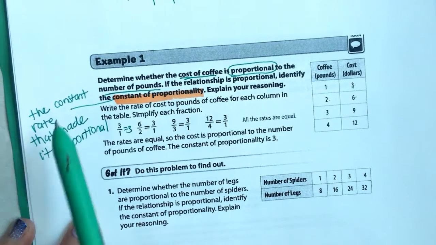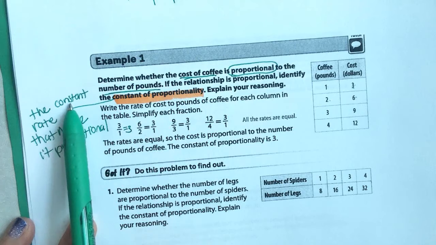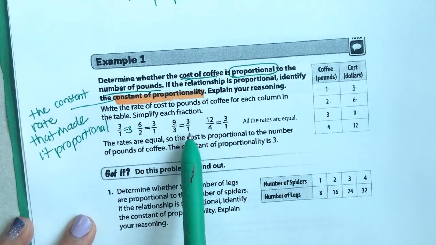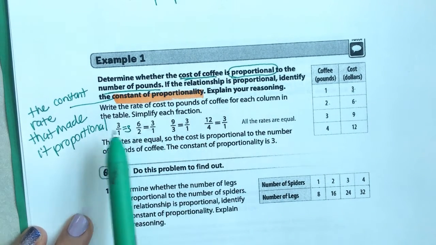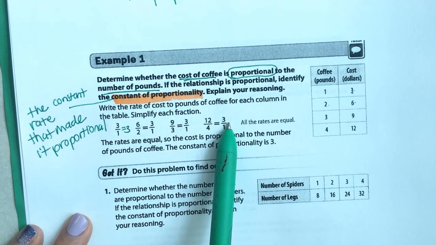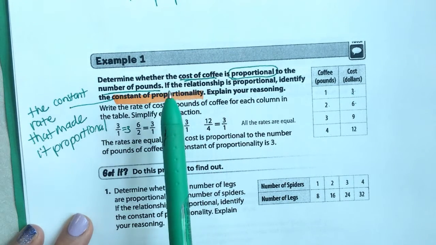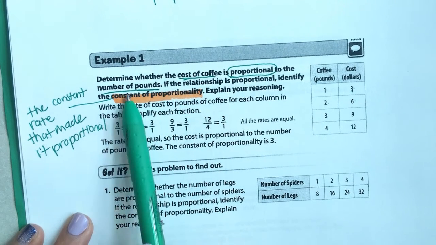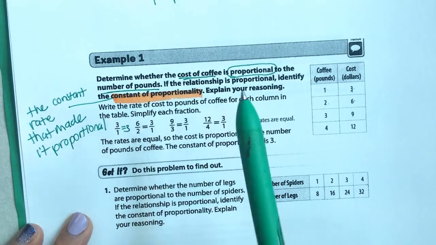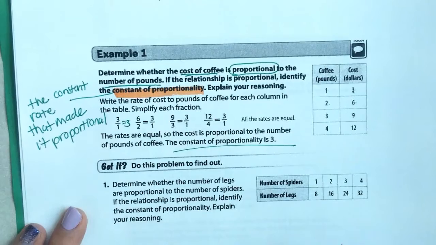And what I mean when I say constant, it's that rate that you saw over and over and over again. Like this, it was 3, then 3, then 3, then 3. So because they were all 3 and it was constantly 3 the entire time, that made it proportional. So the constant of proportionality is the constant that made it proportional, which was 3. So the constant of proportionality is 3.